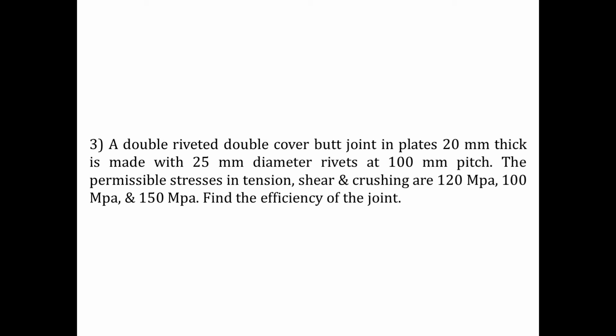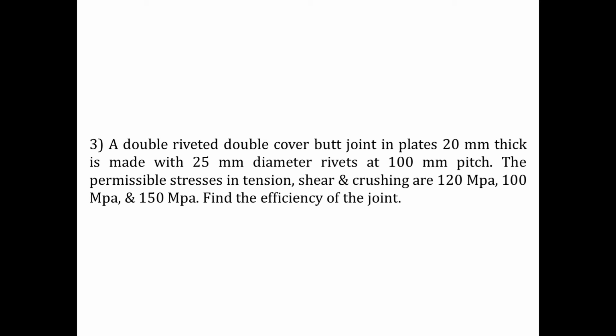The problem is a double riveted double cover butt joint in plate 20 mm thick is made with 25 mm diameter rivet at 100 mm pitch. The permissible stresses in tension, shear and crushing are 120 megapascal, 100 megapascal and 150 megapascal. Find the efficiency of the joint.